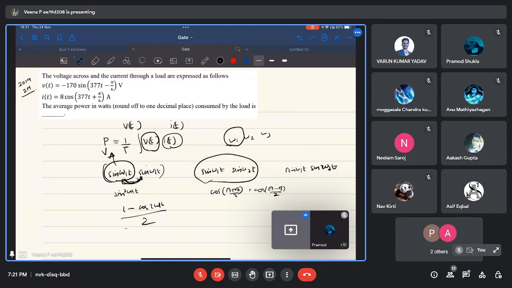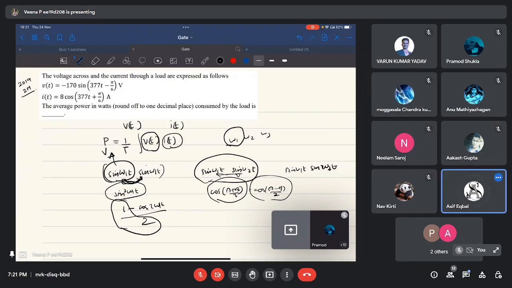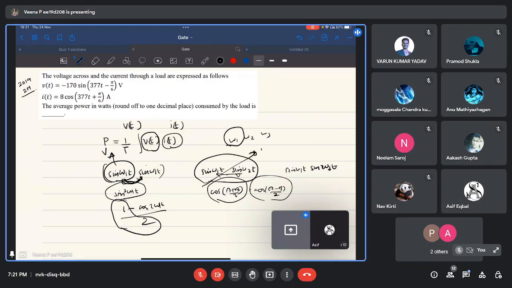The point is, only this DC 1 by 2 component comes in the product of similar frequencies. When the product of dissimilar frequencies comes, there will not be any DC component created. All will be sinusoidal components only. Now you know that in one time period, when you integrate a sinusoidal component, the average value will be 0. So for dissimilar frequency components, their average values will come out to be 0.